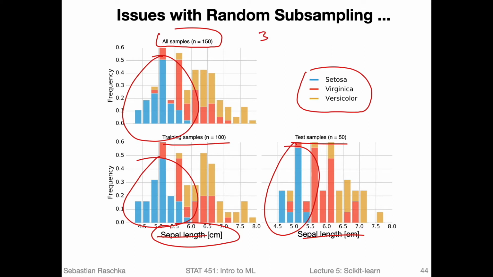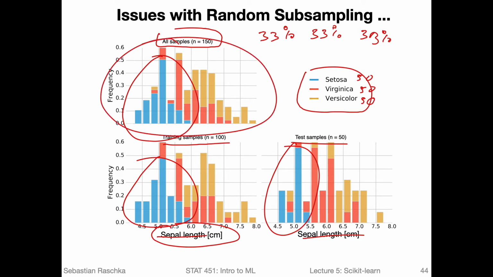What I mean is, here in the data set we have a 33% distribution of all the flower classes. There are 50 flowers from each class, so there's a 33% proportion for each flower class to be represented in the data set. Now when we split it, what happens is in the training set we may have more than 33% setosa flowers compared to the other ones.